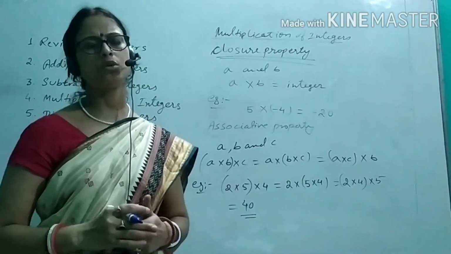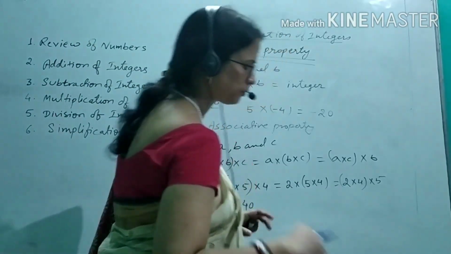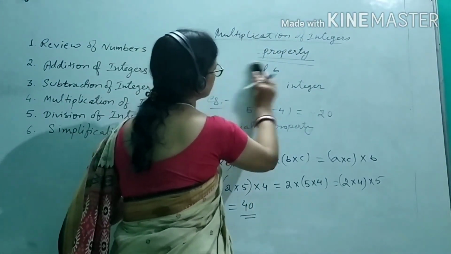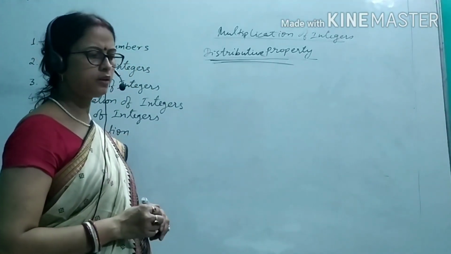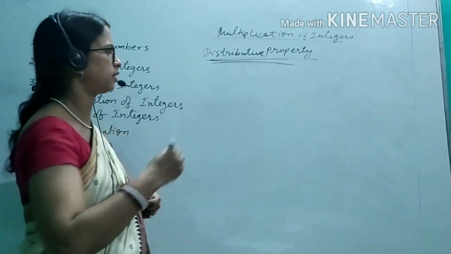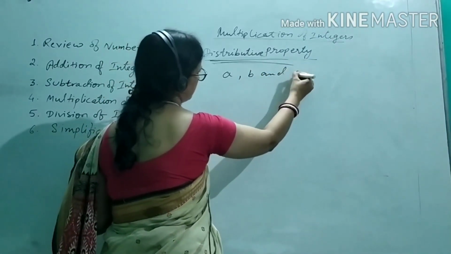Now coming to the third property, that is the distributive property. According to the distributive property, suppose three integers are there, a, b and c.